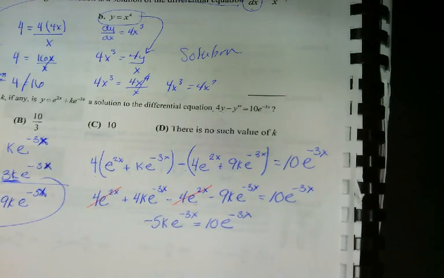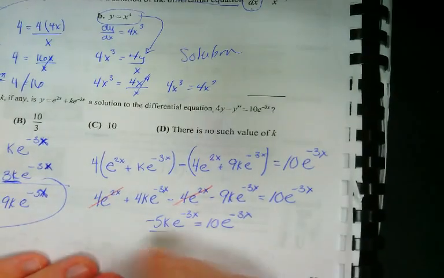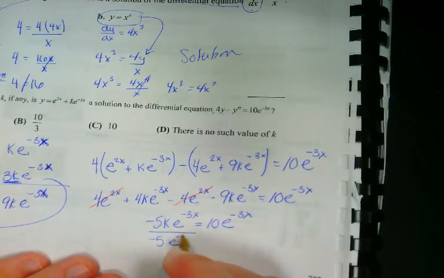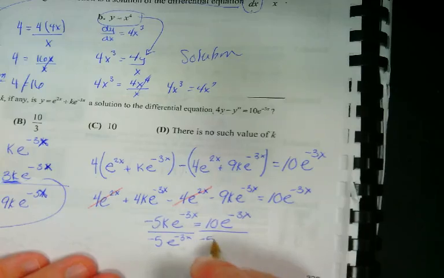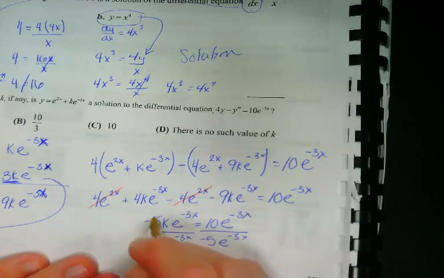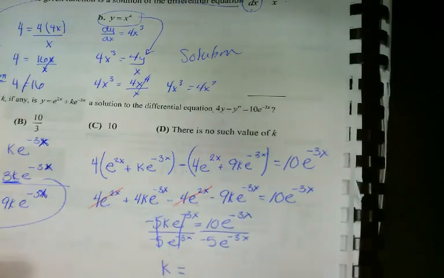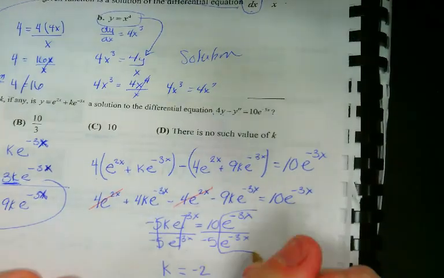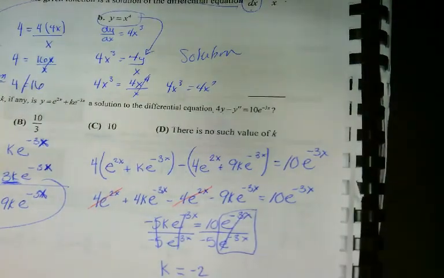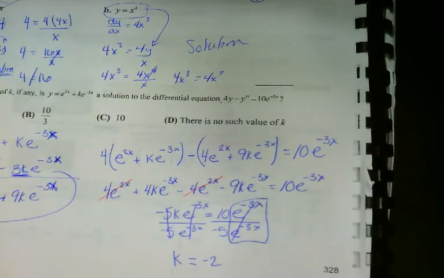My goal is to solve for k, so I'm just going to divide that over. So I'm going to divide over negative 5e to the negative 3x, negative 5e to the negative 3x. I've got k. 10 divided by negative 5 gets me negative 2, and this divided by itself, of course, just reduces to a 1. So I think I just get k equals negative 2.